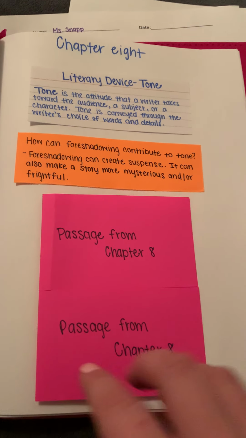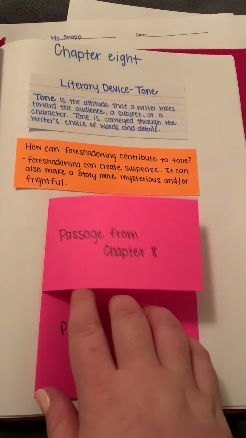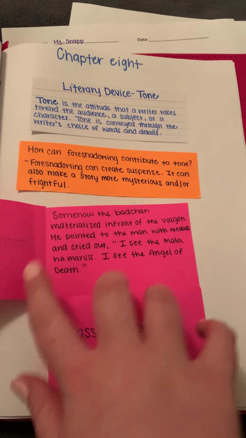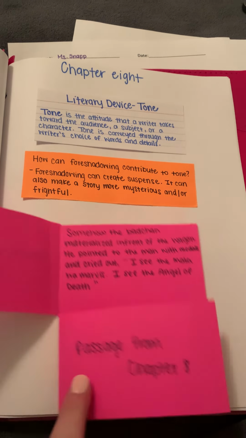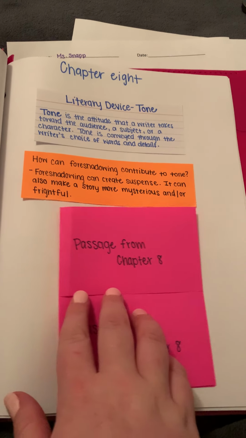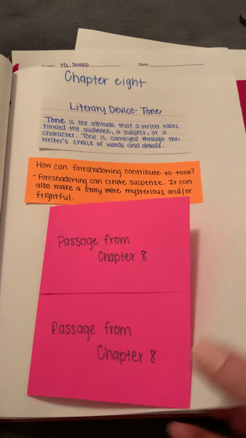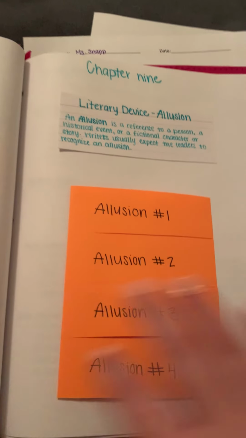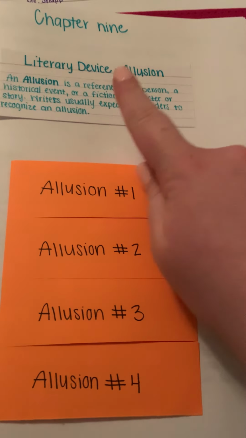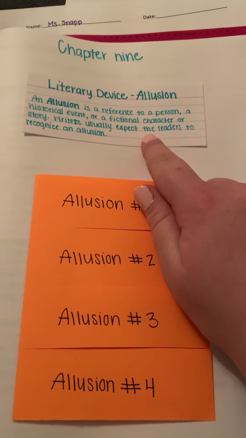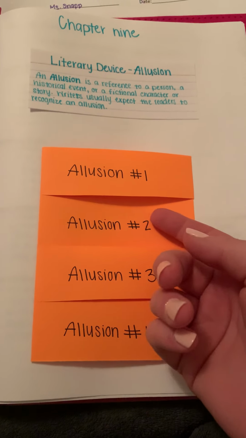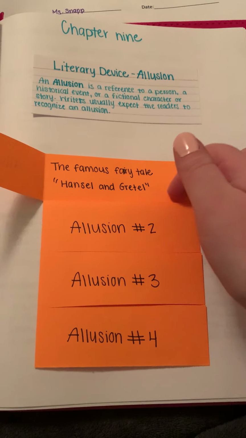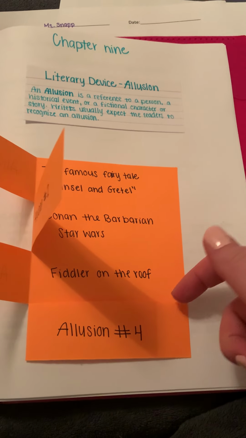They'll answer it, and then they will find 2 short passages of foreshadowing in chapter 8. Okay, in chapter 9, the literary device is allusion. There's just a reminder of what allusion is, and they are to find 4 allusions in chapter 9.